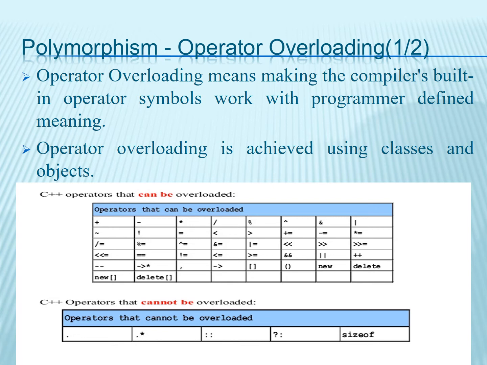The list of C++ operators that can be overloaded is given in the table, and also the list of C++ operators that cannot be overloaded. The dot operator, the scope resolution operator, the conditional operator, and the sizeof operator cannot be overloaded in C++.